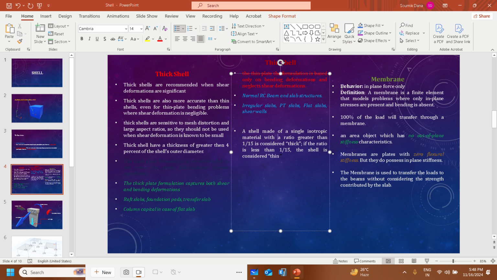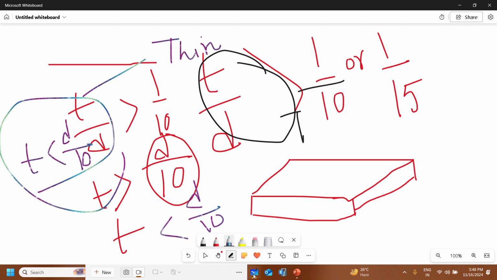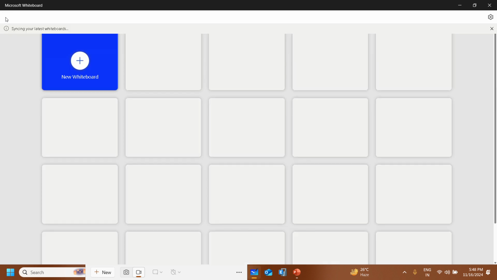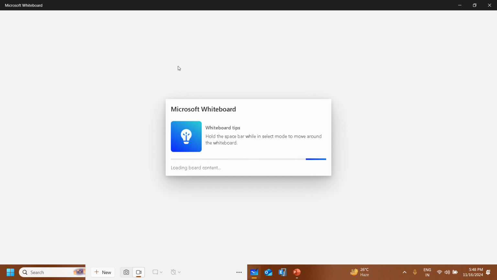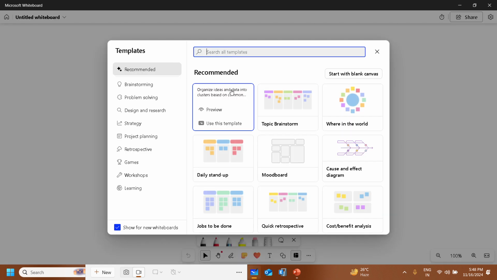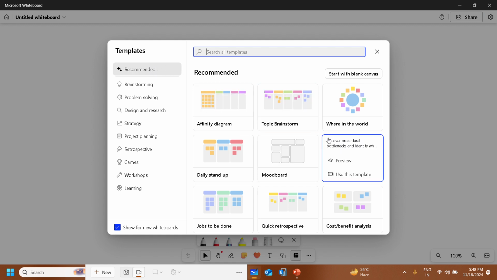And now another case is membrane. So it is said that it is in plane force only. So basically, to describe the membrane, we have to know what are the in plane stresses and what are the out of plane stresses. Okay.